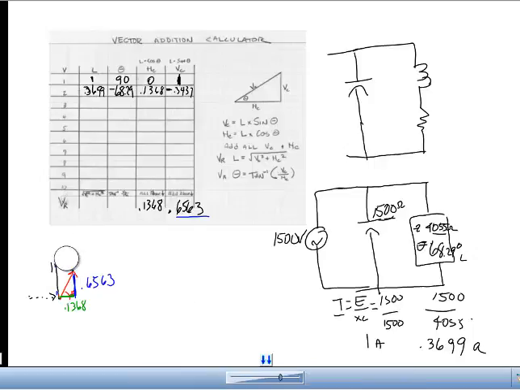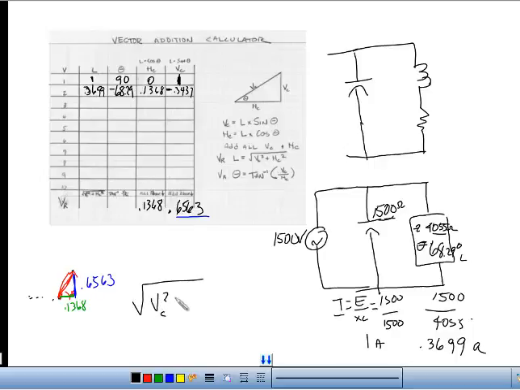So that's our resultant triangle right there. We're just trying to figure out what this final hypotenuse is. Knowing vertical and adjacent, we're going to figure out hypotenuse using Pythagorean. It's going to be the square root of the vertical component squared plus the horizontal component squared.